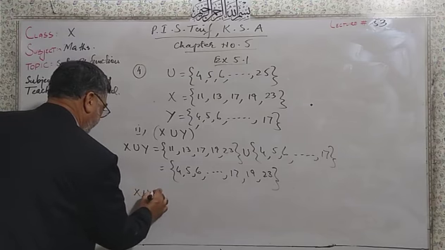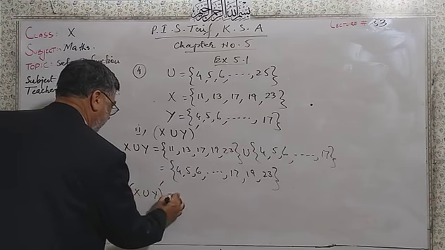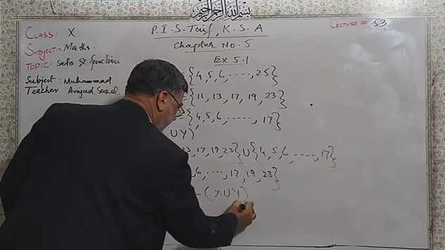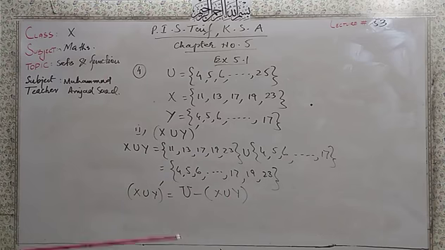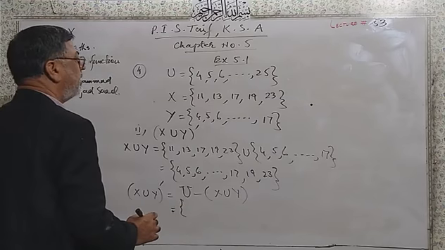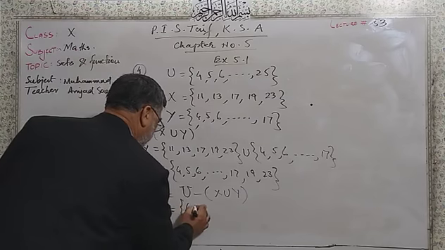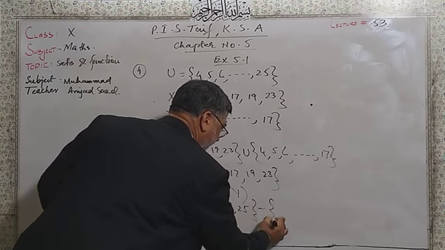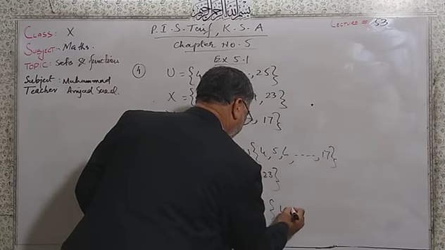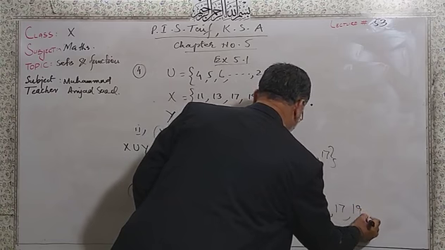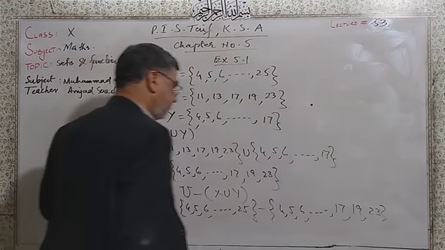Now X union Y whole complement will be universal minus X union Y. And what about universal? 4, 5, 6 up to 25 minus 4, 5, 6 up to 17, 19 and 23.